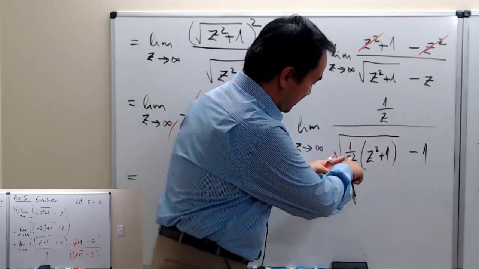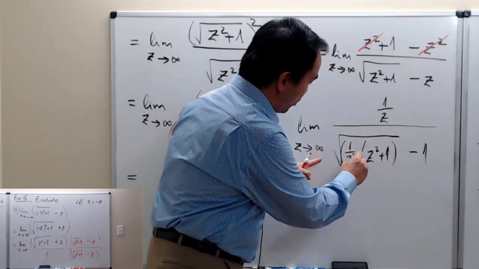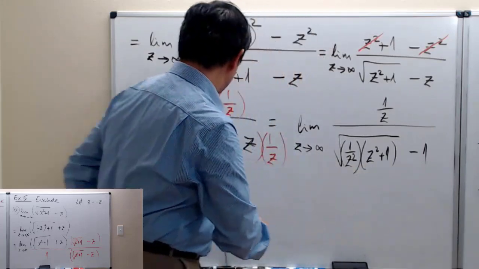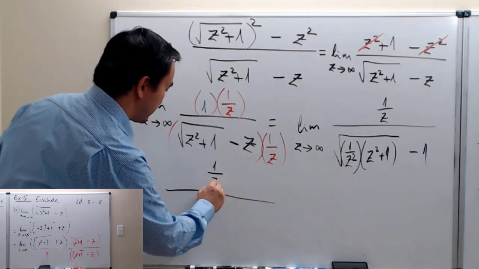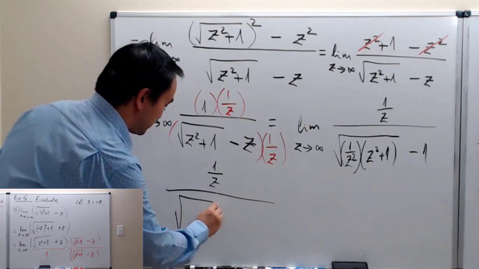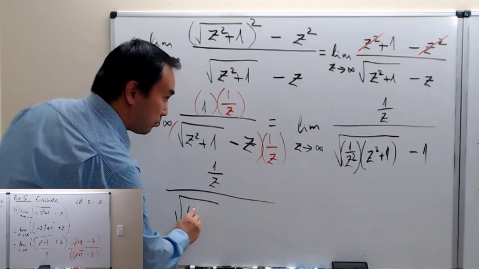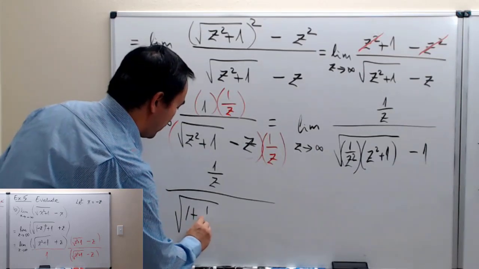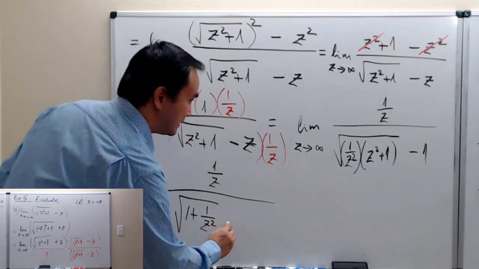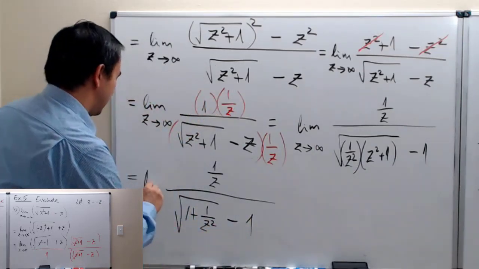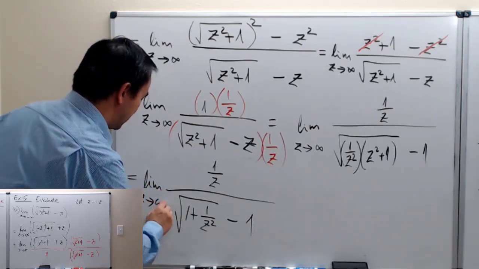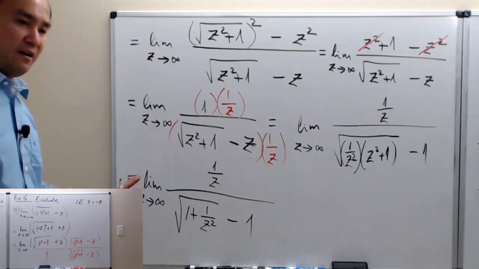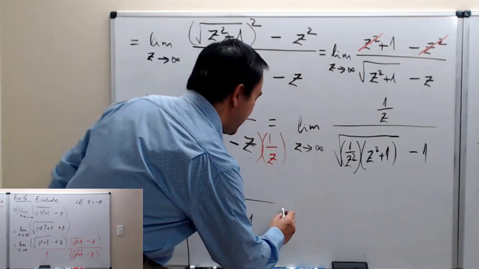So now, inside of the square root, if we're distributing that 1 over z squared expression, we're looking at one more algebra step. So 1 over z in the numerator, and in the denominator, square root of 1 plus 1 over z squared, minus 1, taking the limit as z goes to positive infinity. At this point, things are quite laid out for us.